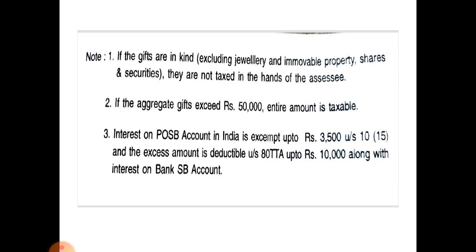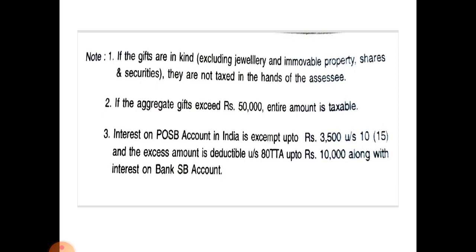See the third one, interest on post office savings bank account in India is exempt up to rupees 3,500 under section 10 subsection 15. Interest on post office savings bank account up to 3,500 is exempted. Above this amount, that amount is taxable, and the excess amount is deductible under section 80TTA up to rupees 10,000 along with interest on bank savings account.